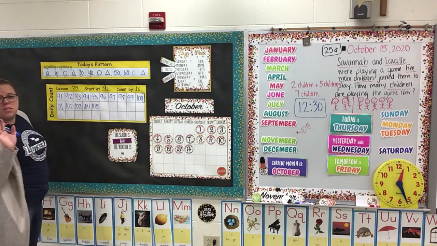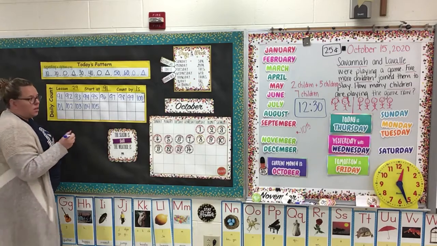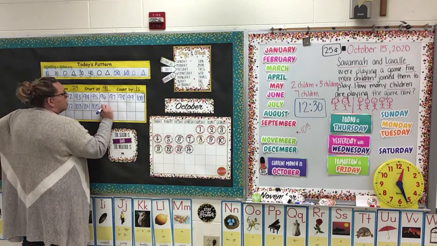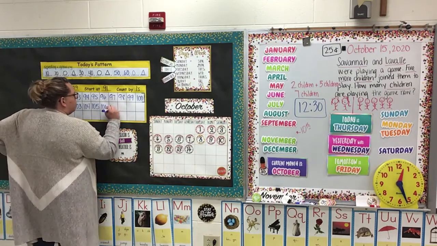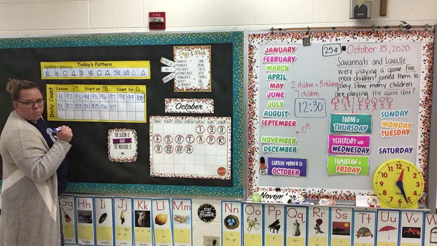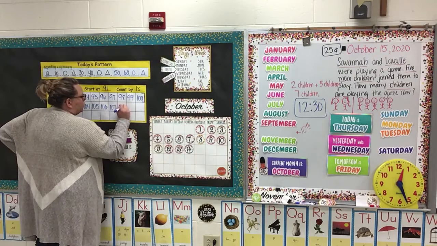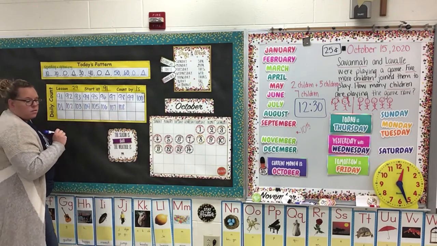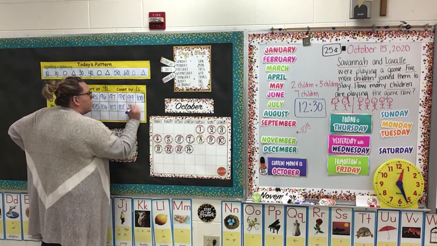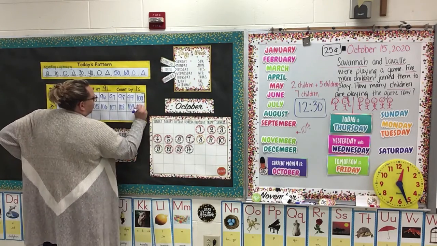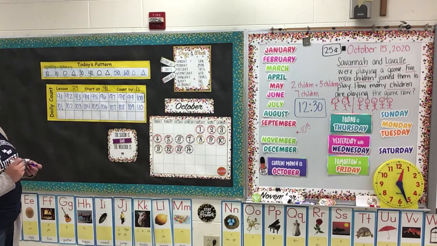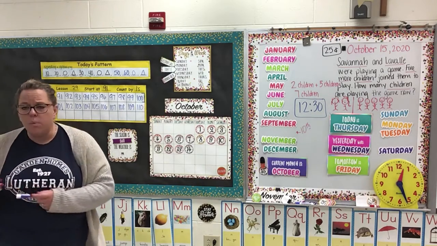If you didn't finish, that's okay. You just make sure you get these written in correctly so you're still practicing. 106, 107, 108, 109, and 110. Okay? And we're going to stop there for today.